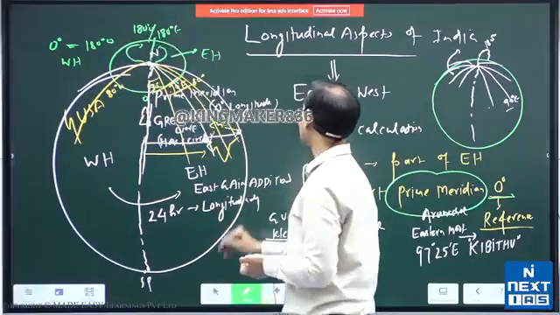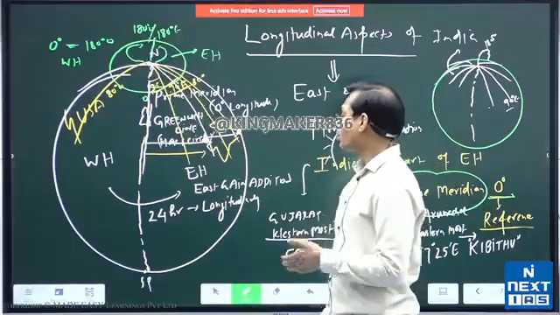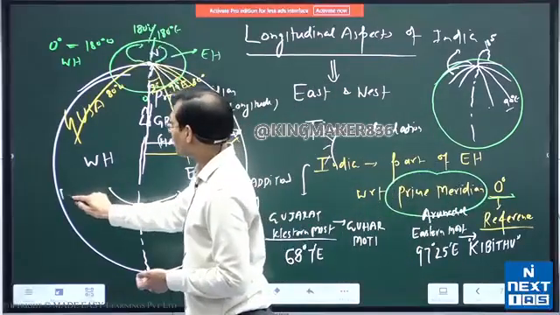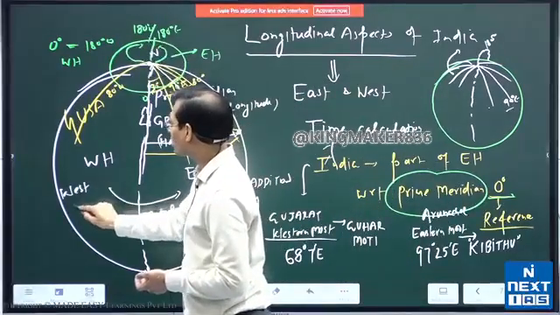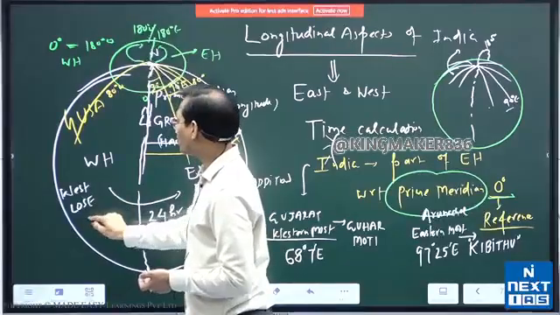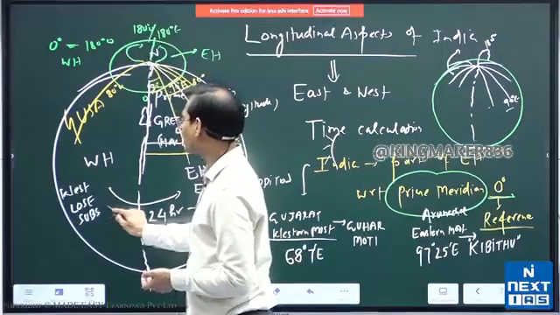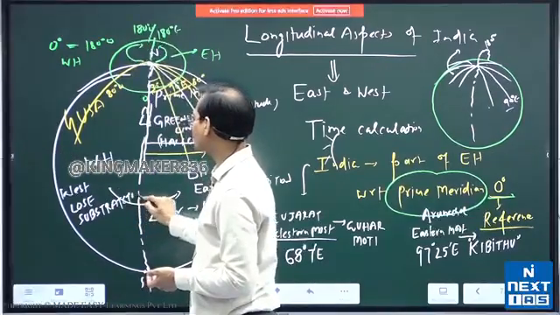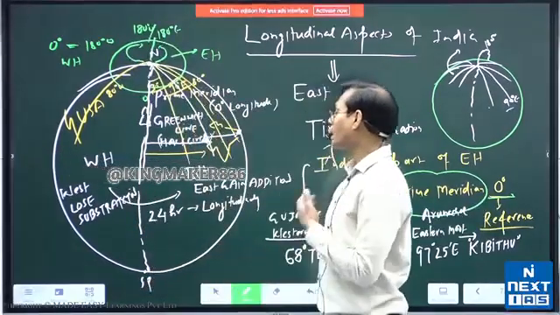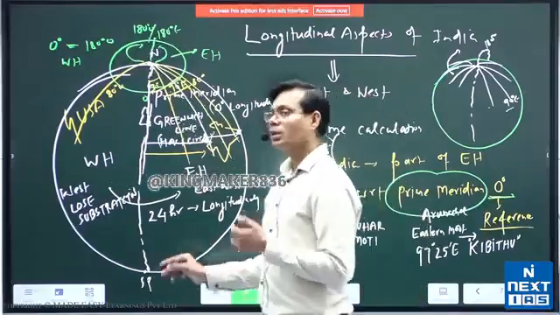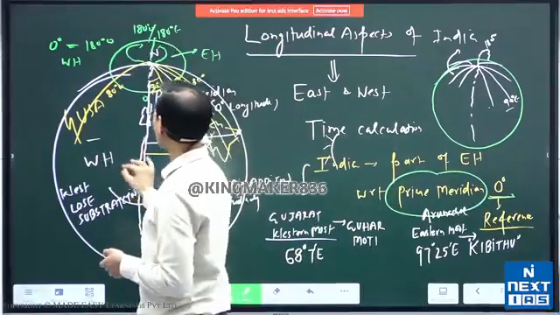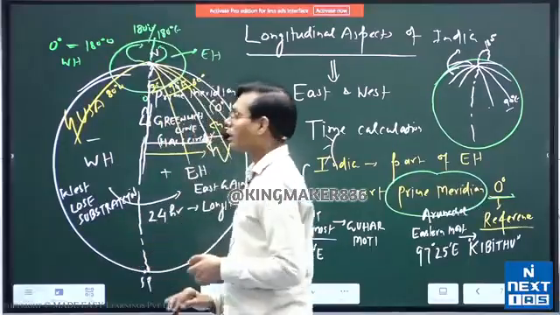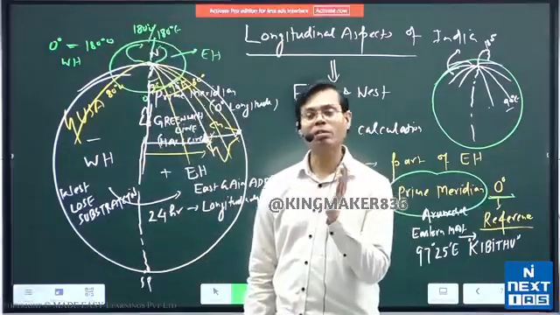And once you go to the west, then in west time is less, because west is later coming in front of sun. Then subtraction. So where do we minus time? In the west. And where do we plus time? In the east. Ahead in time, plus time.